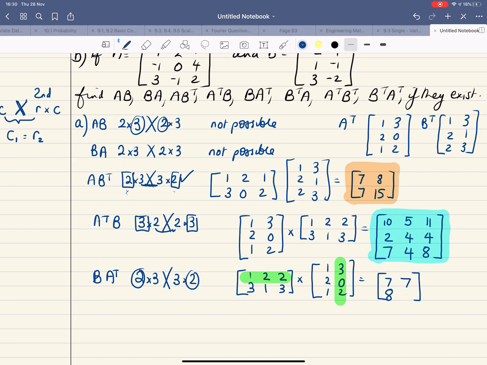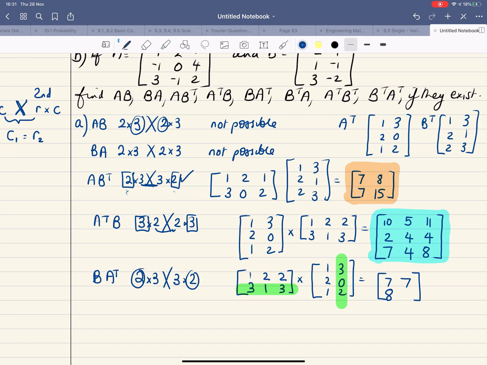And then the final one that we need, let's just rub out these colours. So bottom right, which is second row, second column. So it's 3 times 3 plus 1 times nothing plus 3 times 2.